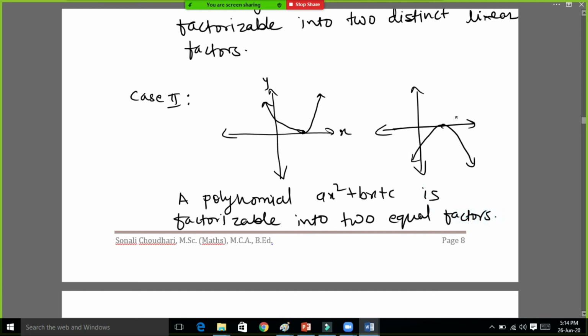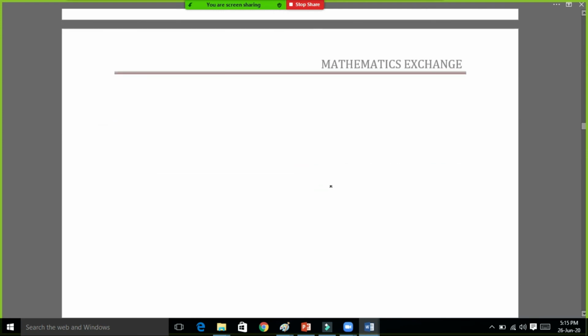Why does this happen? Because it intersects the x-axis at only a single point. The parabola curve shows that this is a graph for a quadratic polynomial, and the second thing is that it intersects the x-axis at a single point, so it means that it has two equal factors. So case 3 is there.